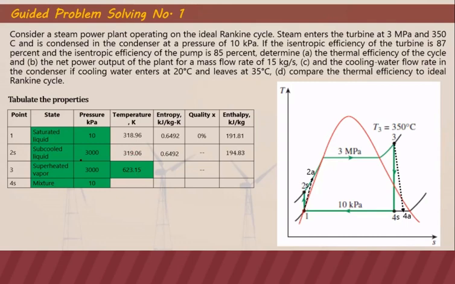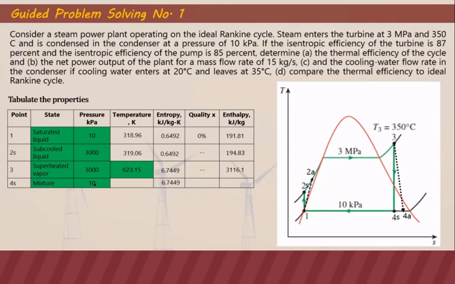At point 3, since the pressure and the temperature are given, we're going to use the same specified state points in the software, inputting 3000 and 623.15 Kelvin. Then our entropy is 6.7449 and the enthalpy is 3116.1. Process 3 to 4S is an isentropic process, that's why they have the same entropy.